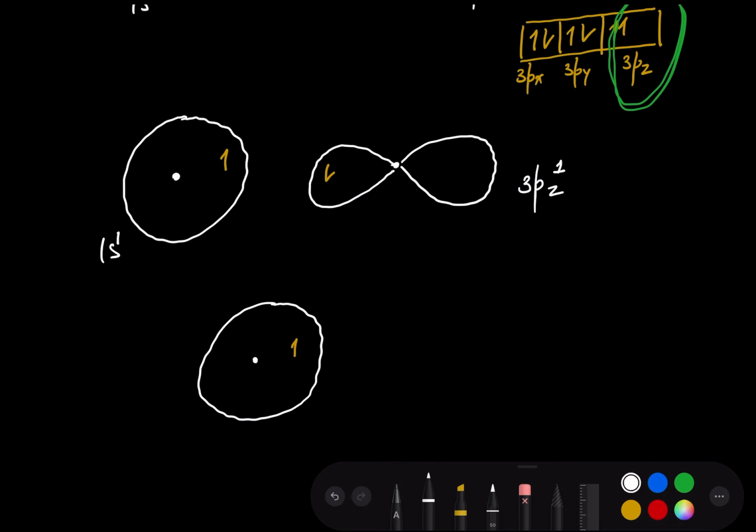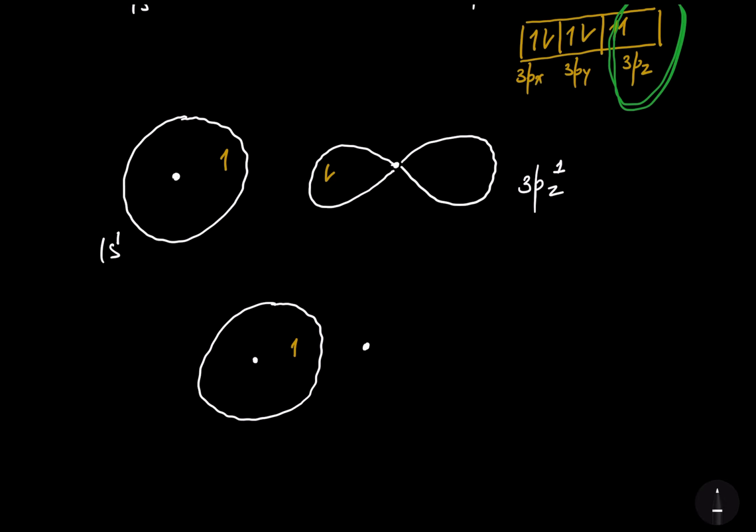On the other hand, this is the nucleus of chlorine, and this is the 3pz, and that's the overlapped zone in which the electron of chlorine will also come and pair formation will take place. So both the orbitals, that's 1s and the 3pz, got 2 electrons each. So here the formation of the covalent bond has taken place.